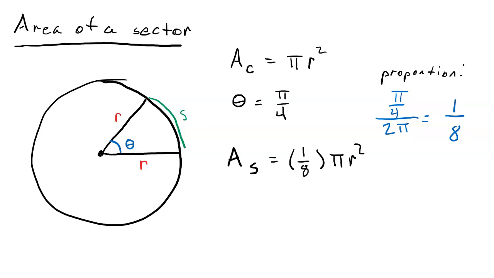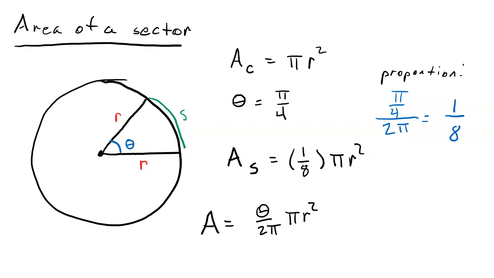Now we can try to find a formula for a general theta, right? So if pi over 4 gives us 1/8 of the total area, we can look at just replacing this pi over 4 in this proportion with a theta. And what happens is we get area is equal to theta over 2 pi times pi r squared.